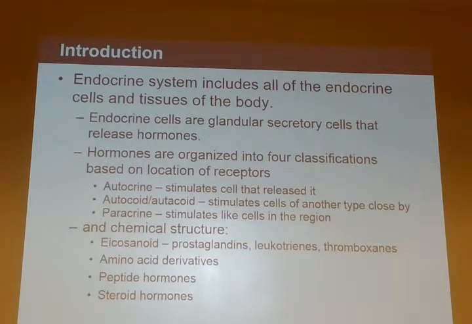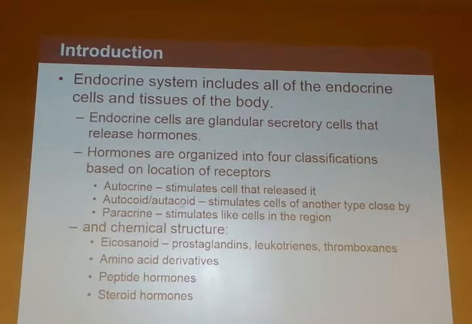So there are subclasses of the endocrine communication that are autocrine, which means the cell that releases is also stimulated by that secretion. So it's self-stimulating. Also you can have the autocoid.